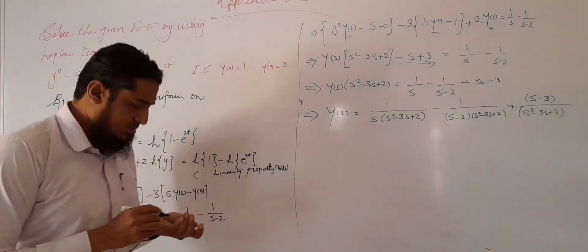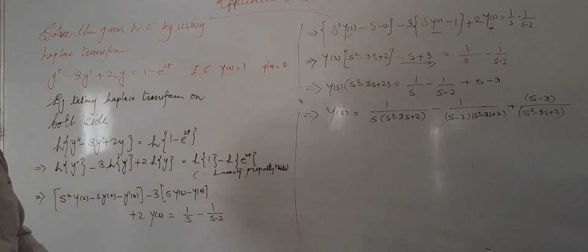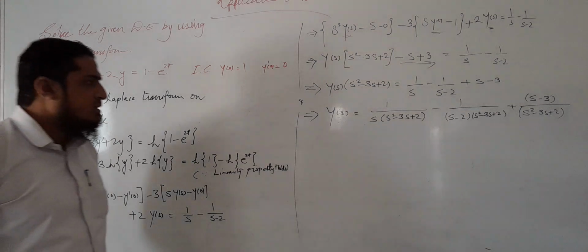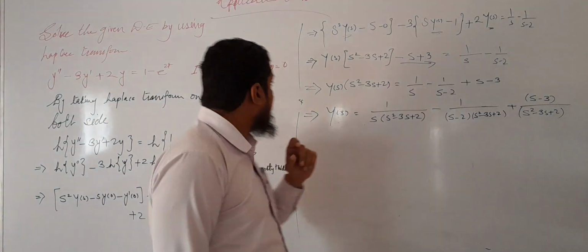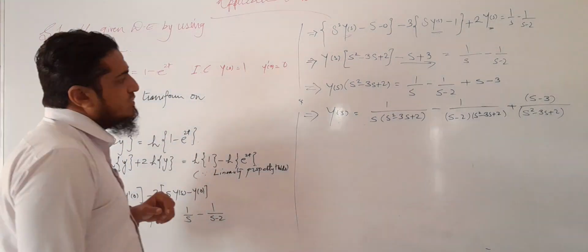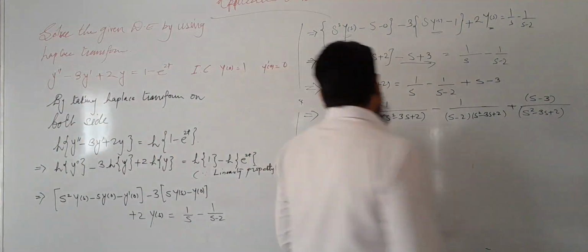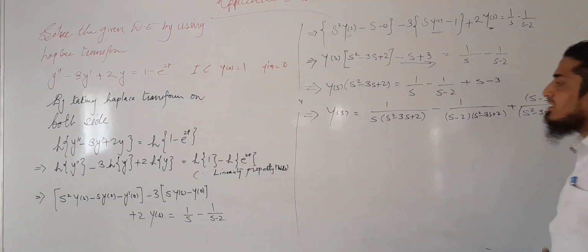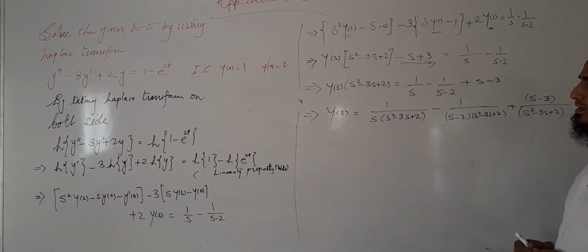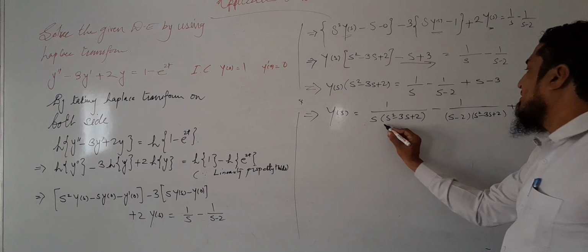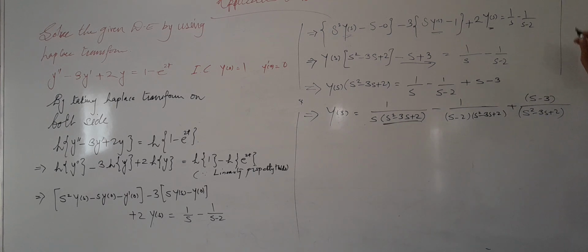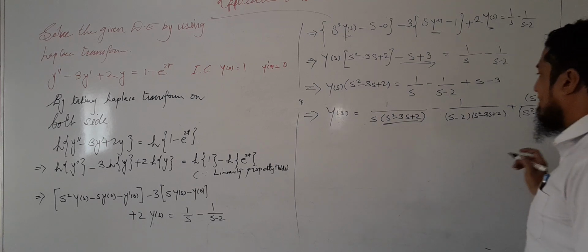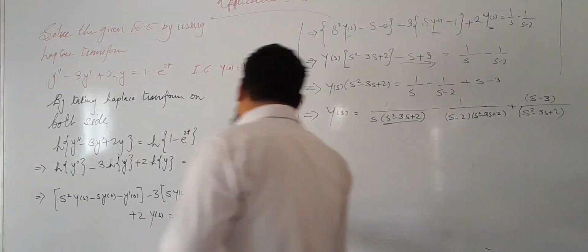And we have the required solution for y of s. Now we will convert this solution into variable t by applying inverse Laplace transform. Before applying inverse Laplace transform, we will break this quadratic expression.